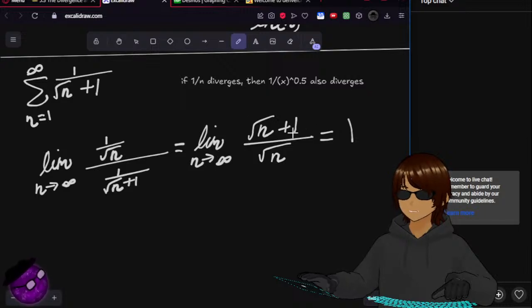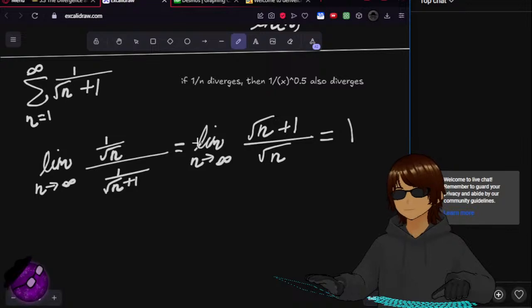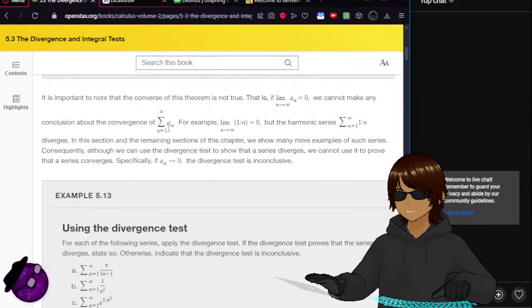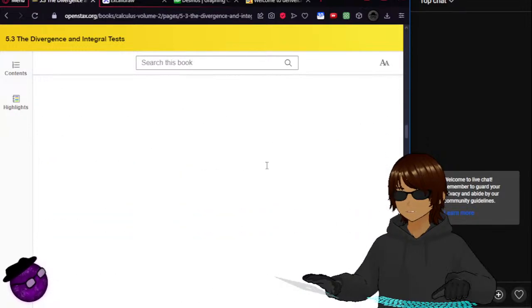Then 1 over root n goes to 0. So that means if an diverges, then bn also diverges, right?